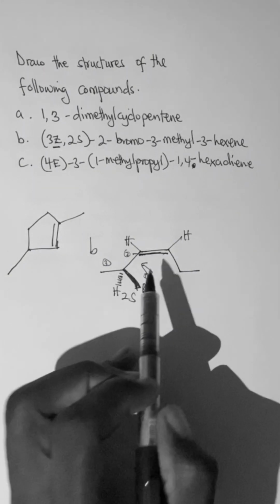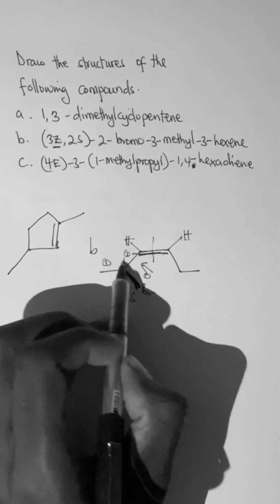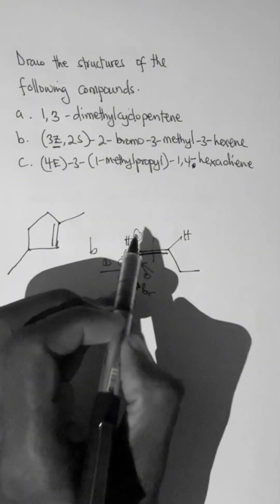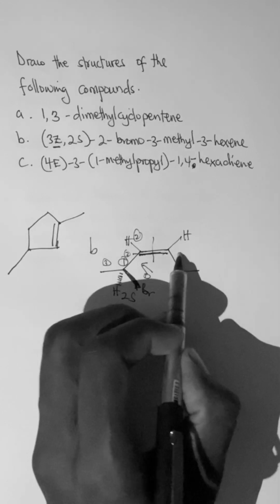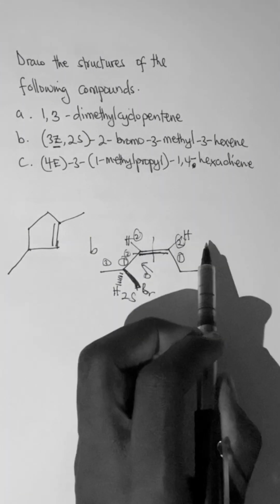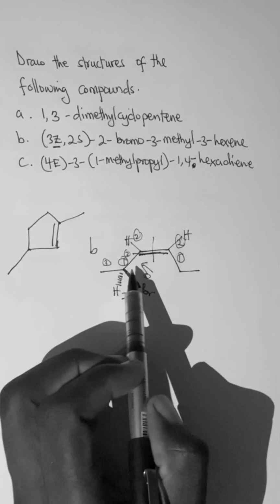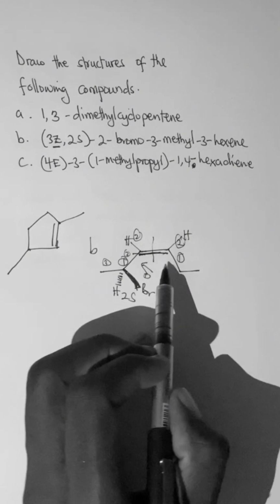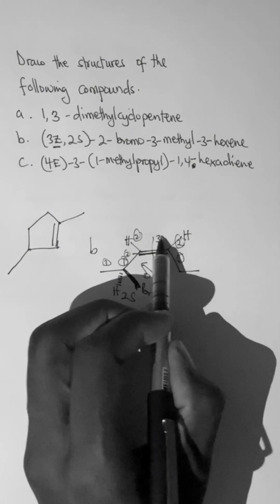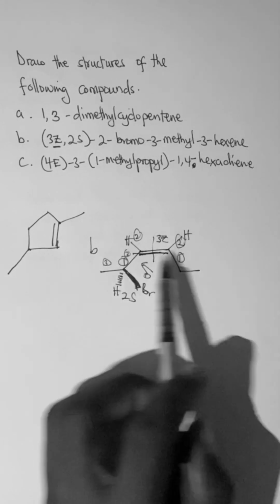If we divide this vertically, here is 1 and here is 2, and in this case too, this place is 1 and this place is 2. So you can see that the 2s are on one side of the double bond and the 1s are on the other side. So this is a Z. So this is 3Z, and this is the actual drawing of the molecule.